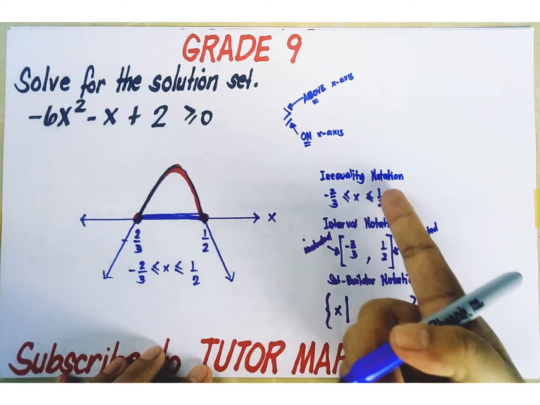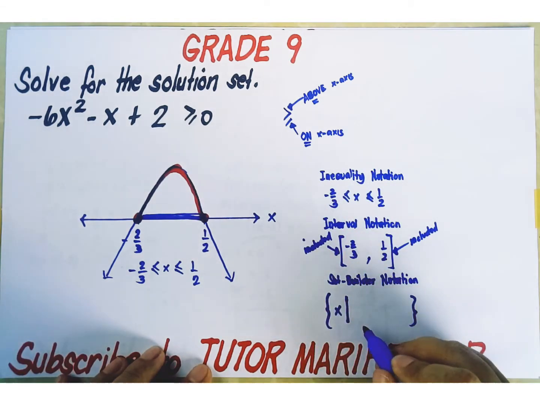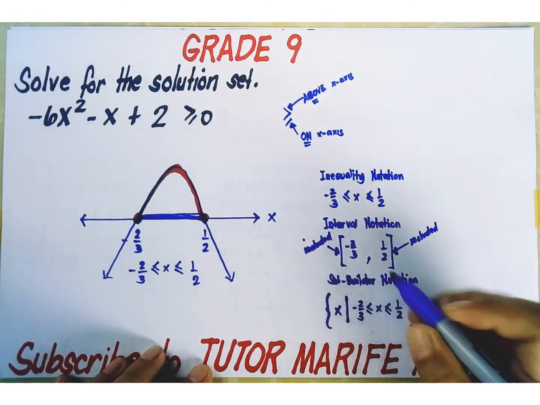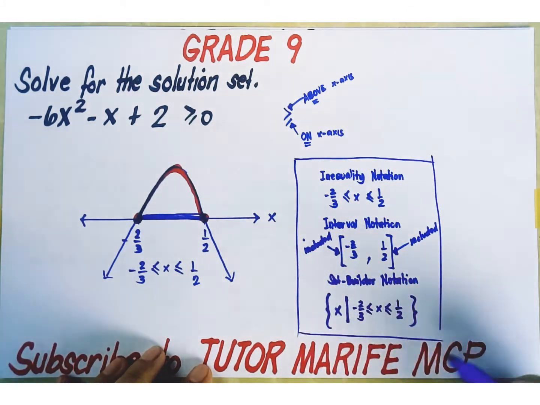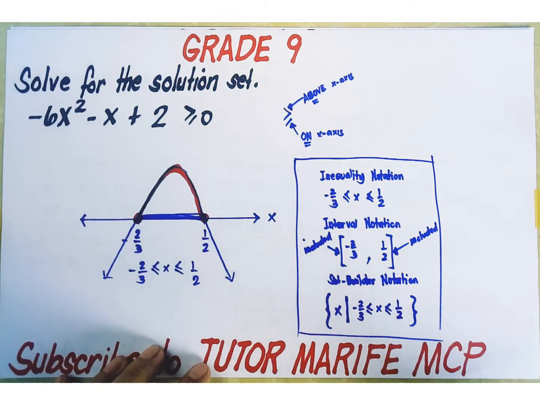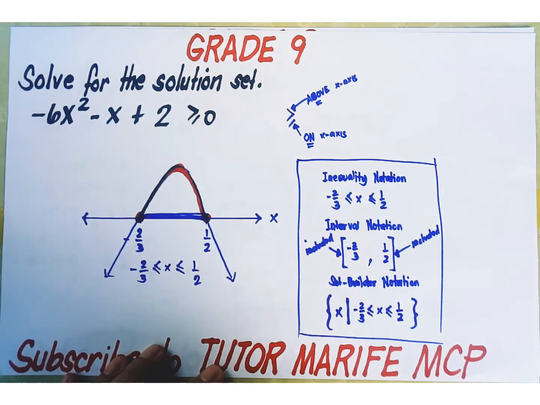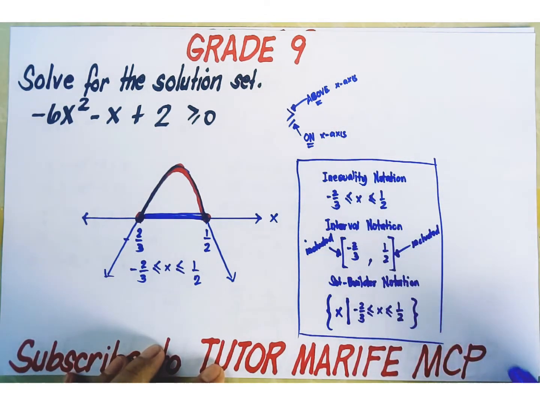This is the property of each of the elements in the solution set. Negative 2/3 less than or equal to x, x less than or equal to 1/2. The solution set of the given quadratic inequality can be expressed in three different notations: the inequality notation, interval notation, and the set builder notation.